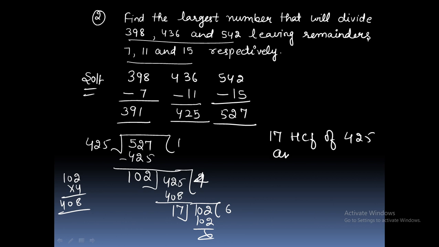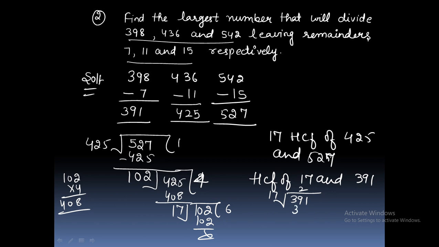Now we have to find the HCF of 17 and 391. 17 2 is 34, 17 3 is 51.